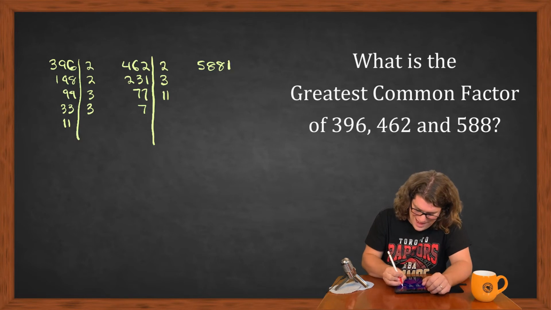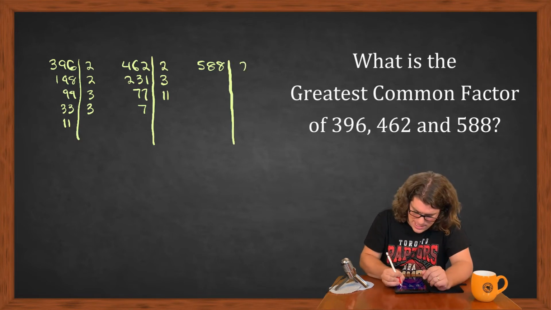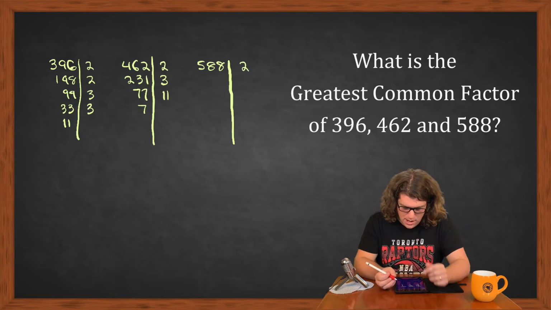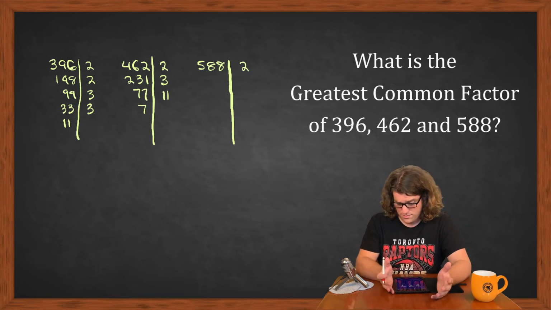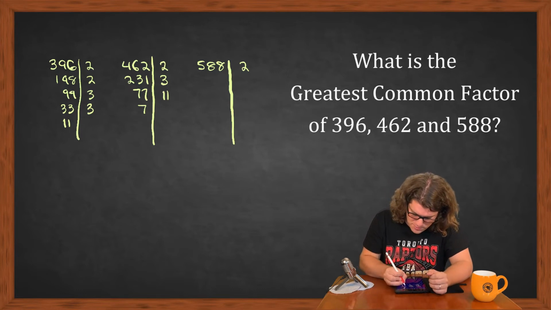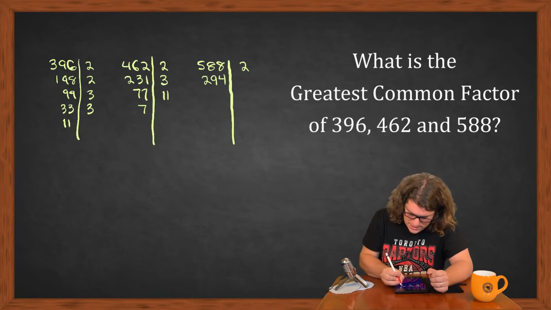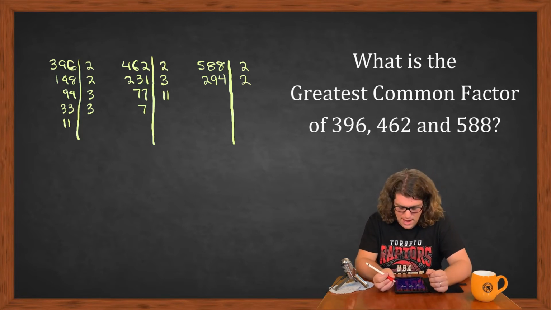I'm going to go to my last number, which is 588. So again, it is even. So that will go in. That would be 300 minus 6. So that would be 294. All right. So next up, that is also even. So 2 goes into that, and that would be 150 minus 3.